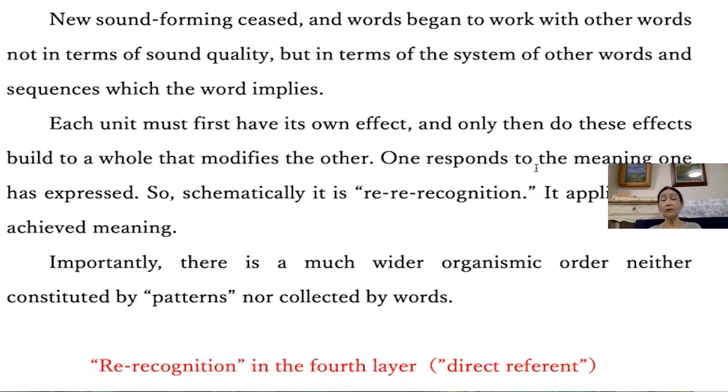One responds to the meaning one has expressed. So, systematically, it is recognition. It applies to the achieved meaning. Importantly, there's a much wider organismic order, neither constituted by patterns nor collected by words.